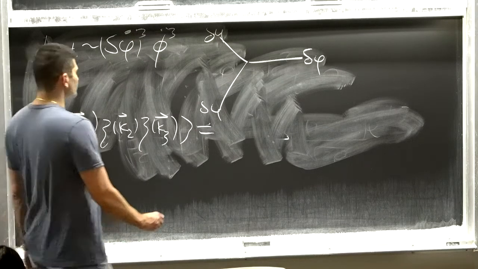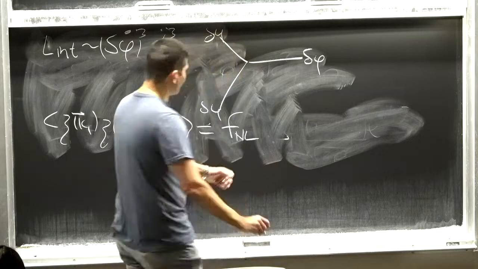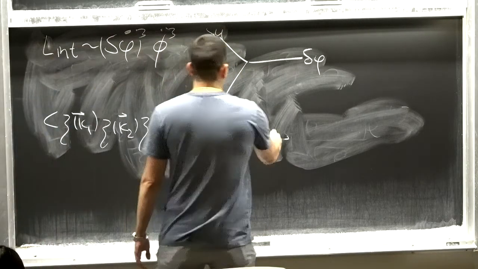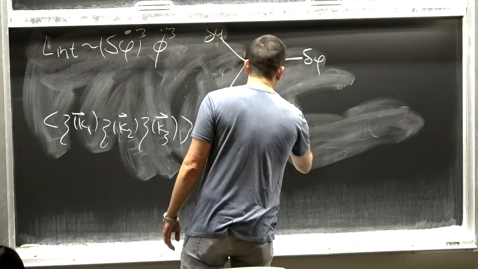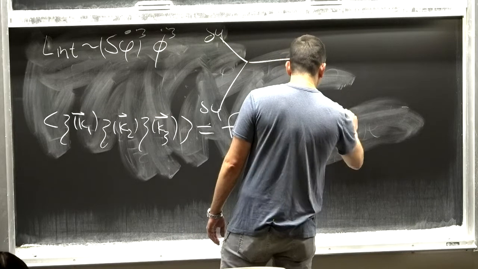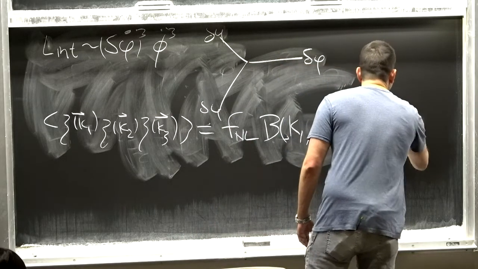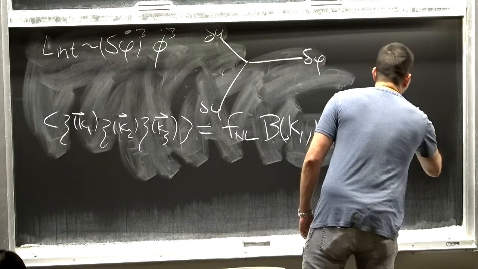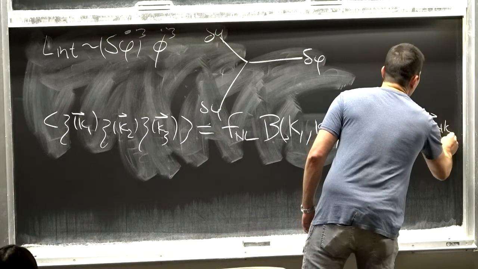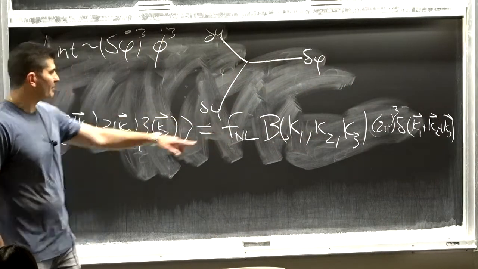Now it's conventional to write this in the following form. This is usually given some amplitude called f_NL. Then there's a function called the bispectrum, because bi for 3 makes sense, but OK, that's what people do. And then there's a momentum conserving delta function. I've intentionally not put the arrows on top of that B.